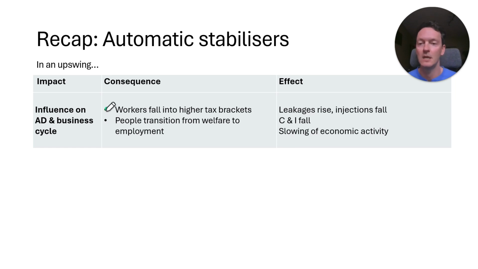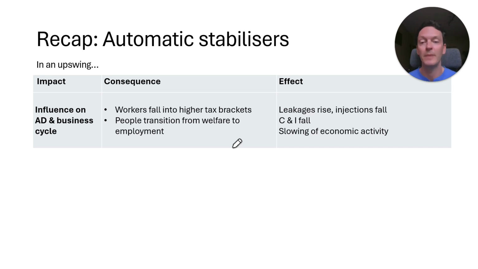So that's on one side here, on the leakages side. On the other side here, we've also got the injection side. So if we think about the role of the government, it is to provide welfare for those who need it. And in an upswing, there's an increase in the derived demand for labour, which means people will be transitioning from welfare to employment. And so the government will no longer be sending welfare payments to a lot of these individuals.